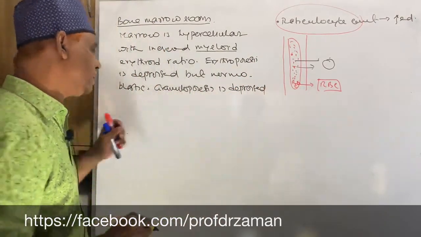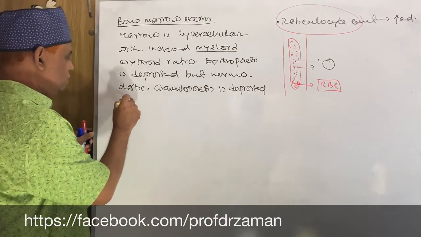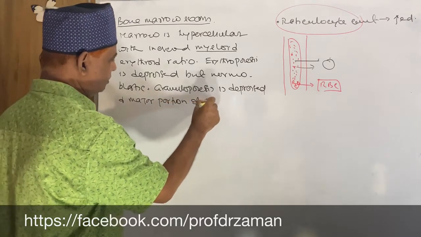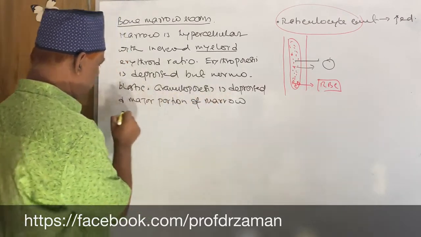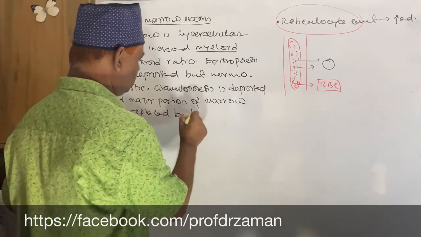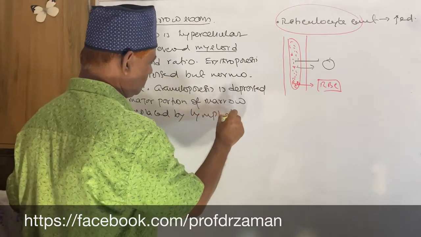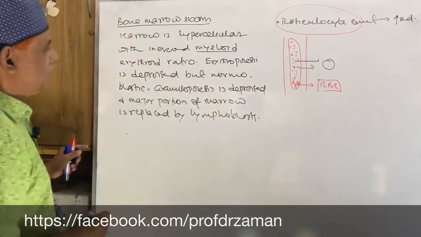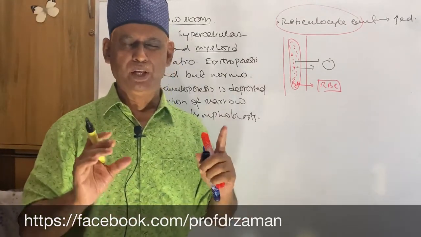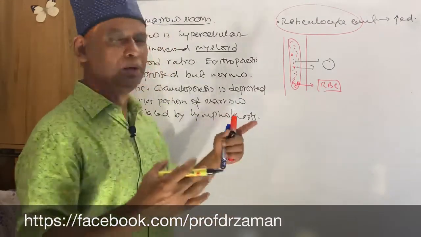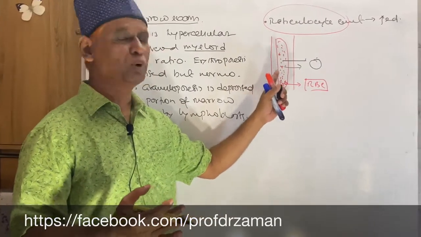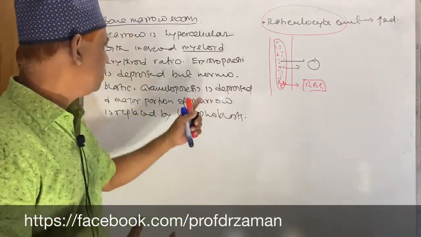So granulopoiesis is depressed, and a major portion of the marrow is replaced by lymphoblasts or immature cells of the lymphoid series. Dear audience, again I want to say, in normal bone marrow, lymphopoiesis is very negligible, but granulopoiesis is more than lymphopoiesis. As it is a case of acute lymphoblastic leukemia, lymphoid series is increased in the marrow, so granulopoiesis is depressed.